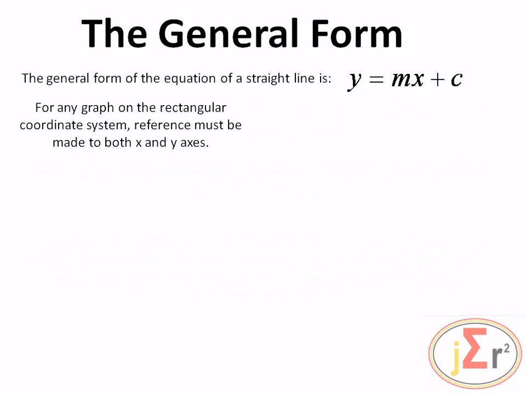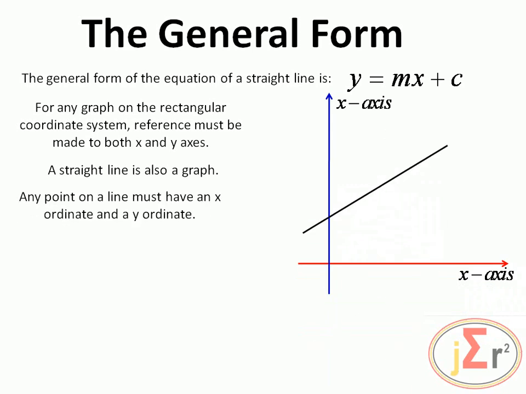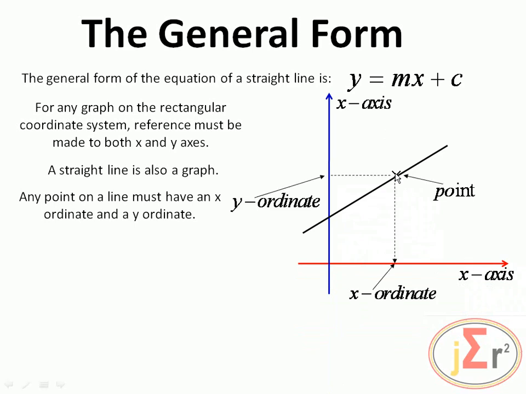For any graph on a rectangular coordinate system, reference must be made to both x and y axes. A straight line is also a graph. Any point on a line must have an x-ordinate and a y-ordinate. Now we have this point right here on the line.